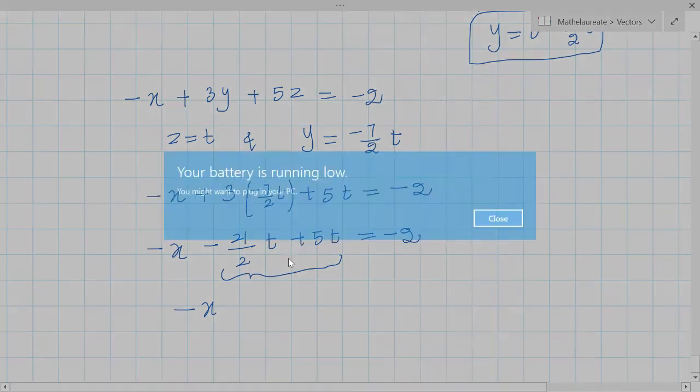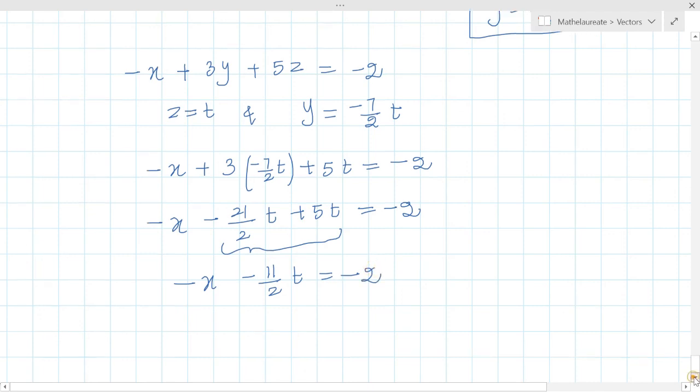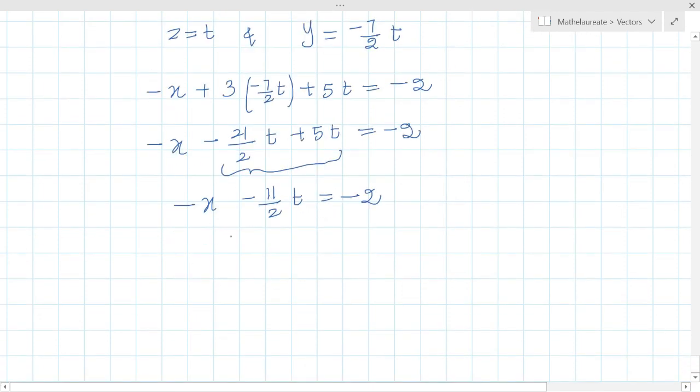If you take the LCM of 2, minus 21 plus 10, we'll make it as minus 11 by 2t equal to minus 2. Fine. Now we need to get x. So I send this x to the other side and this to the left side. We get x equal to 2 minus 11 by 2t.